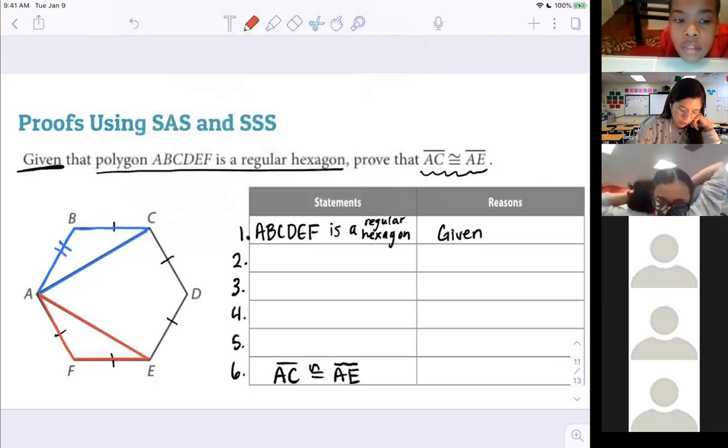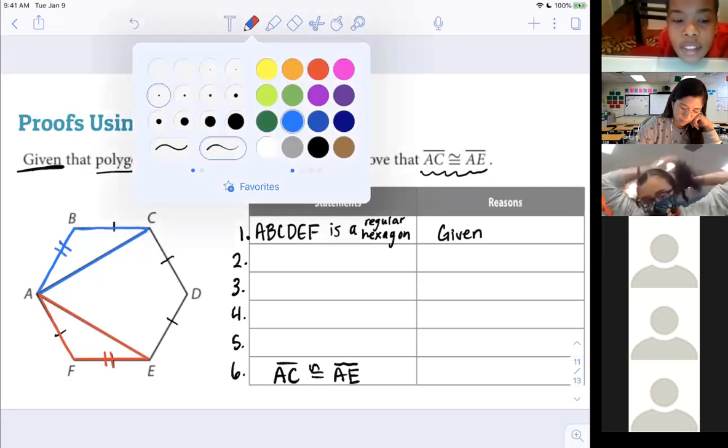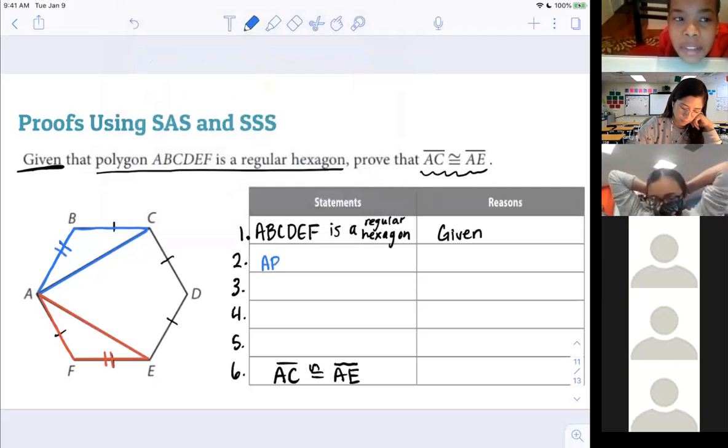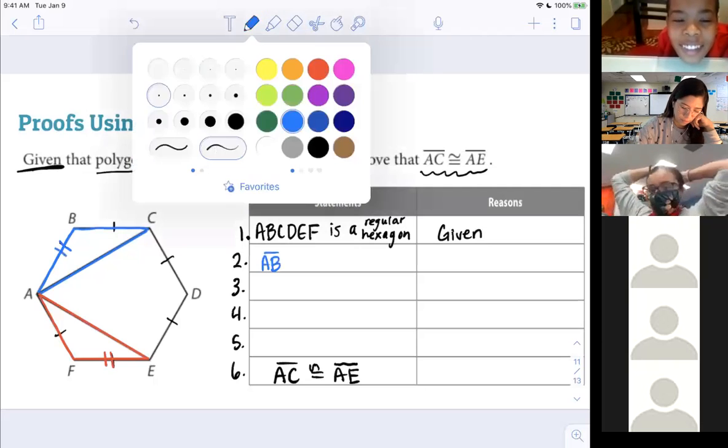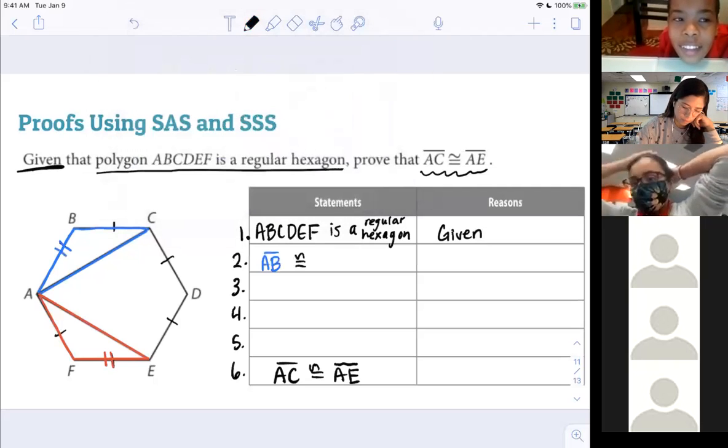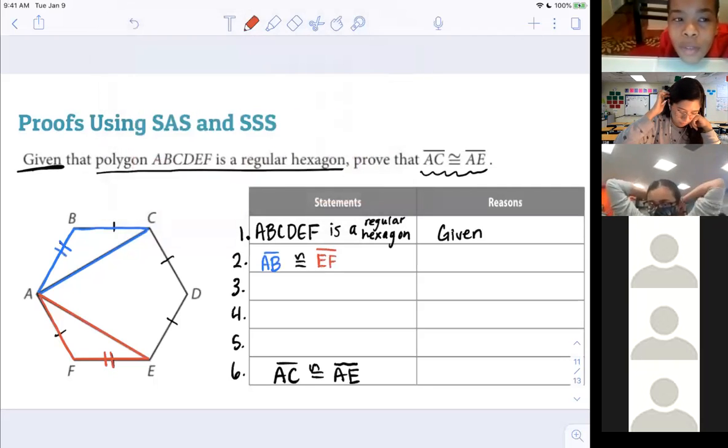EF. EF, very good. If you remove the polygon CDEA and move it to the right, and you close the polygons ABC and AFE, you'll see that they're equal.